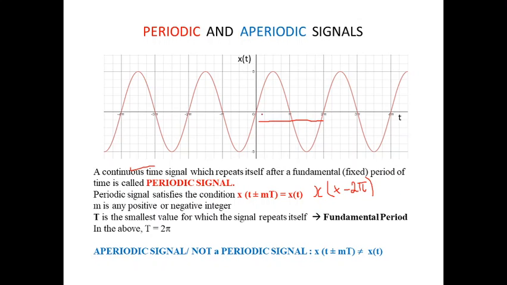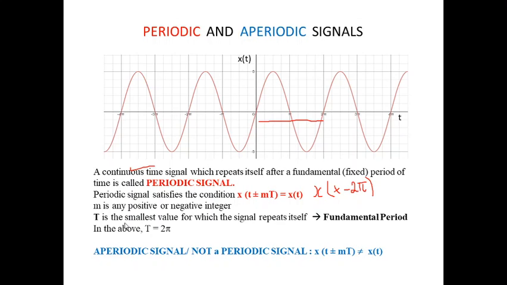If you plot x of t minus 2 pi, you will again get the same signal. So the signal, even after getting shifted, remains the same. Whether it is m equal to 1, m equal to 2 or any integer, the signal is going to be the same. Such signals are called periodic signals, right?